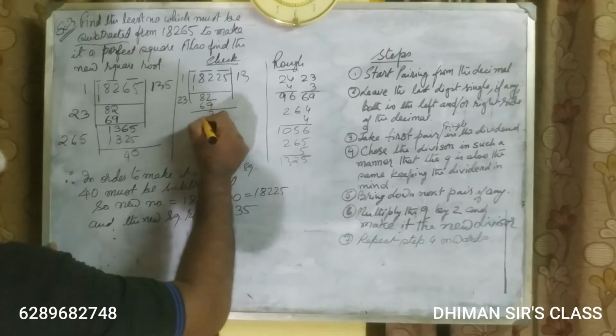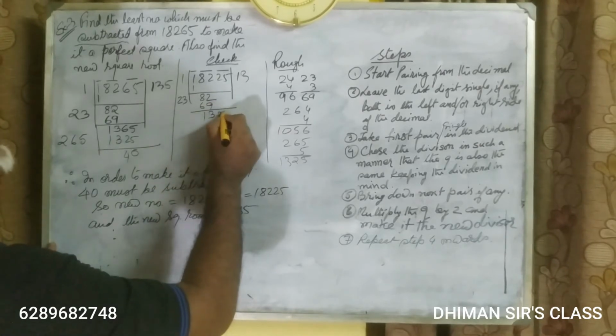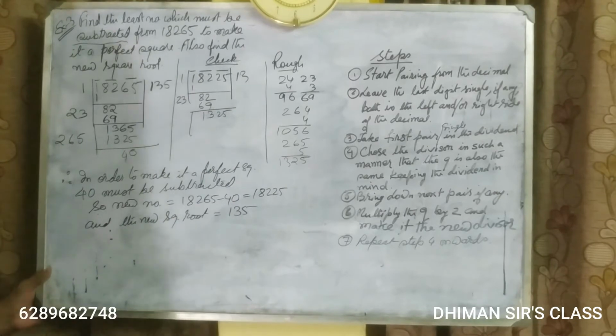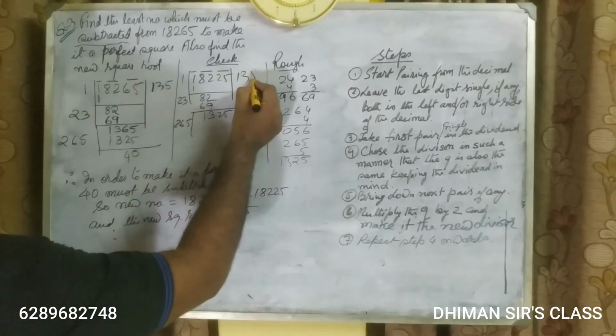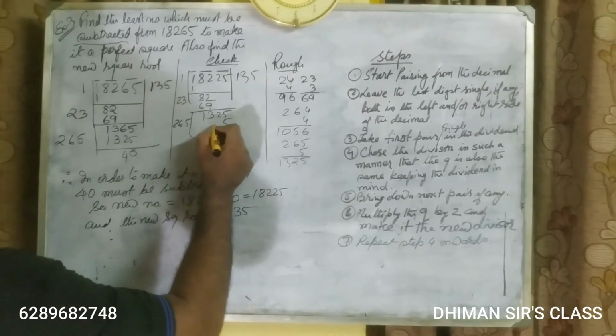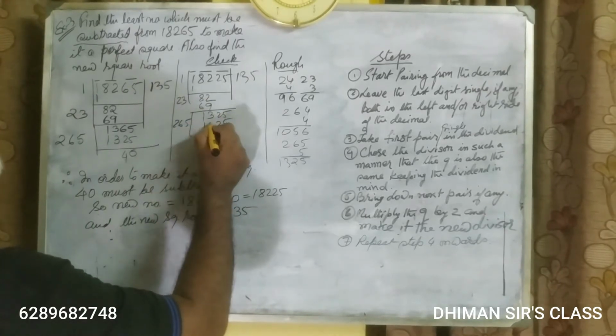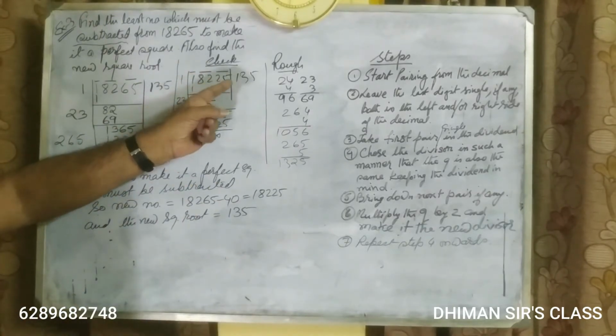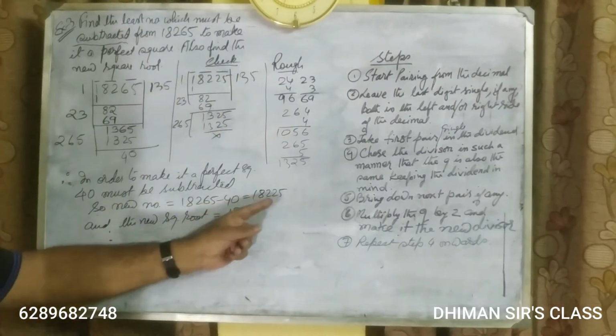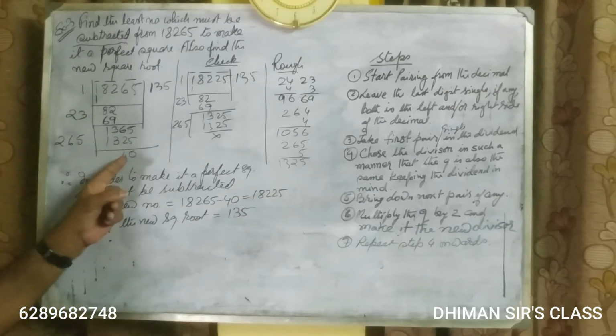It becomes 3, 7, 13, 25. Now 13 2s are 26, 5. 5 5s are 25, 5 6s are 30, 32, 5 are 10, 13. Remainder is 0. That means 18225 is a perfect square. That is what we got. 40 is subtracted because 40 was the remainder.